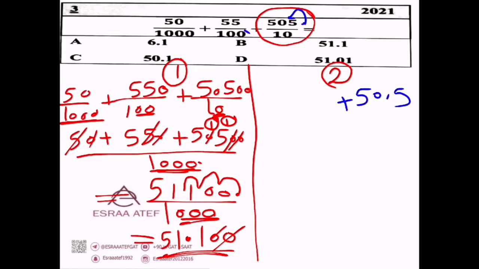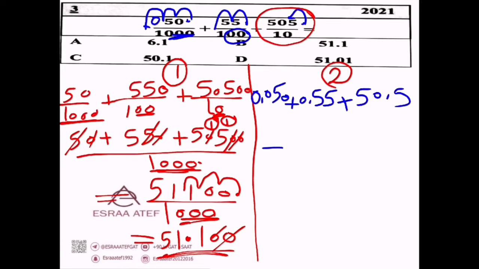Plus, we have two zeros and we will divide by two zeros, so the decimal moves 1, 2 places, so it will be 55.00. If I have 1000, I will move it 3 places, 1, 2 and then 3, so I will put 0 and then the decimal, so it will be 0.050.